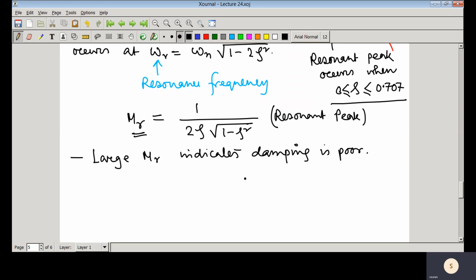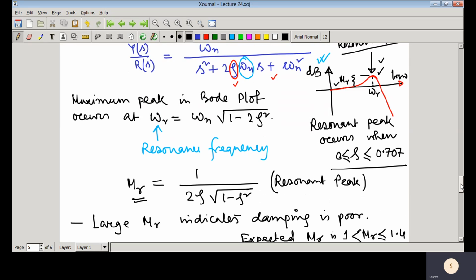So the expected MR, whenever we will be designing a closed loop system, should be less than or equal to 1.4 to 1. And we can see that MR is greater than 1, that means this peak would not appear if the zeta value is greater than 0.707.